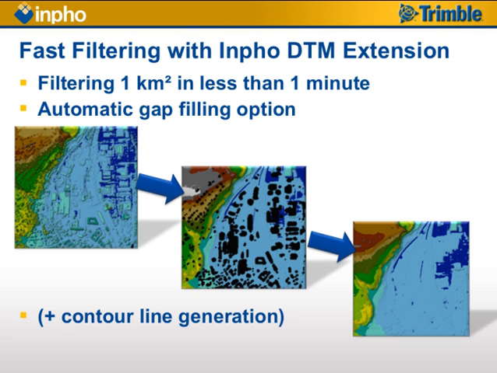In the workflow highlighted here, on the left you see the match TDSM going through a filtering step, and everywhere where I have buildings, you can clearly see those holes in the data. These holes are then automatically filled with the gap filling option, re-interpolating points in there, and so you end up in one automatic process with a nice looking ground model.